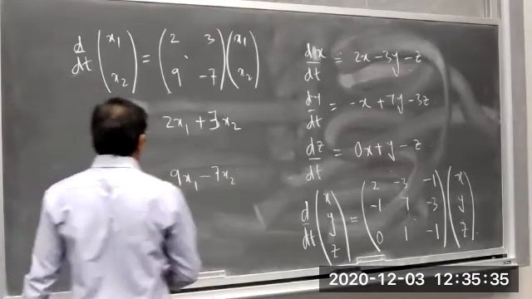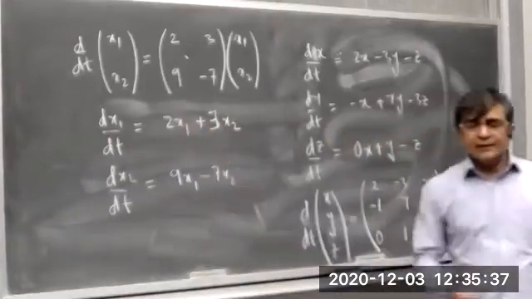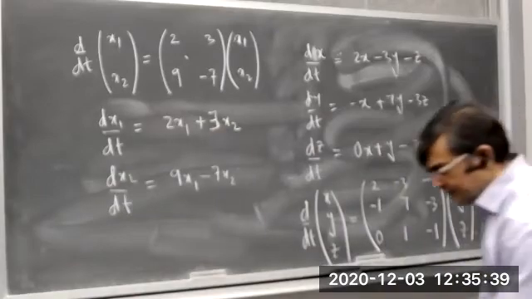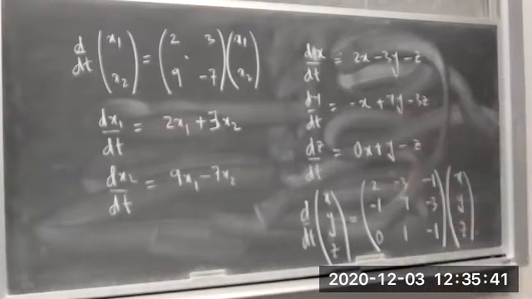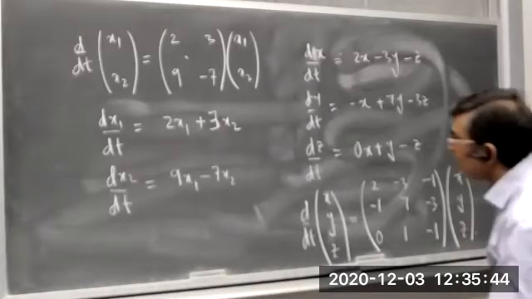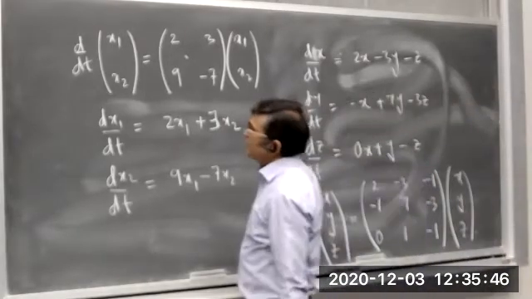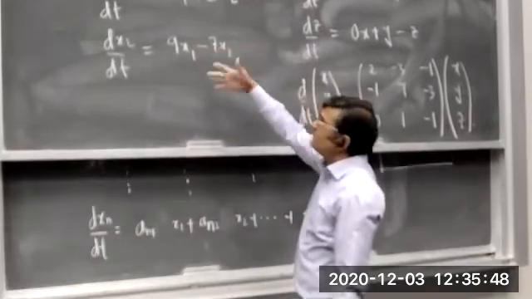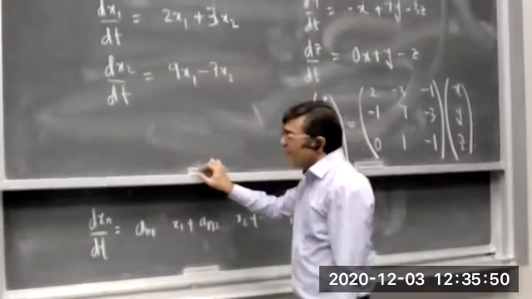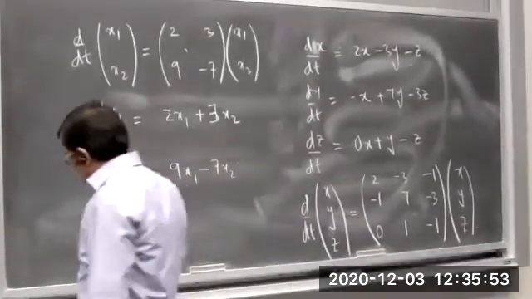What is now the solution of this system of first order ODEs, which is homogeneous with constant coefficients? Obviously, the solution is a vector.